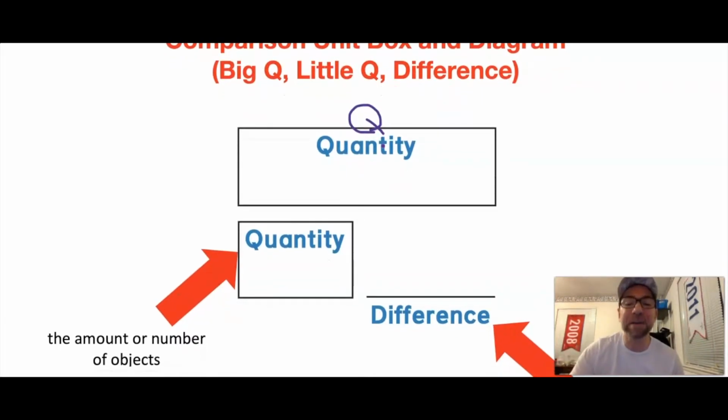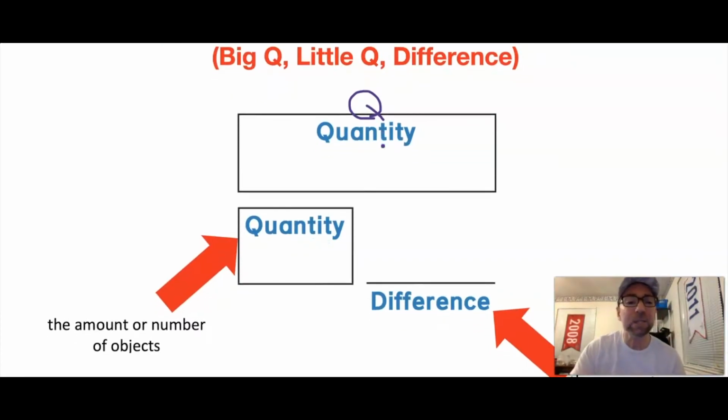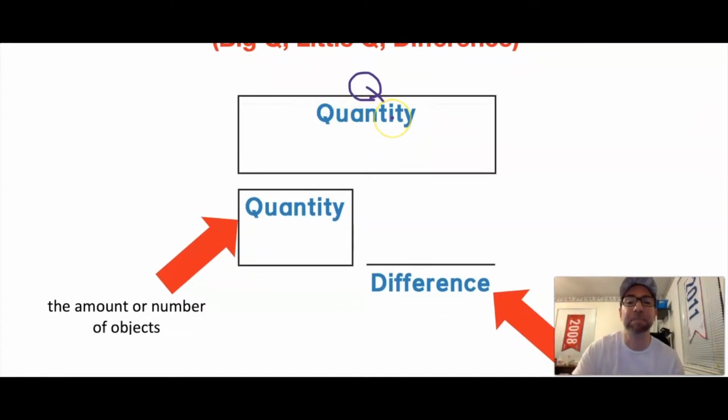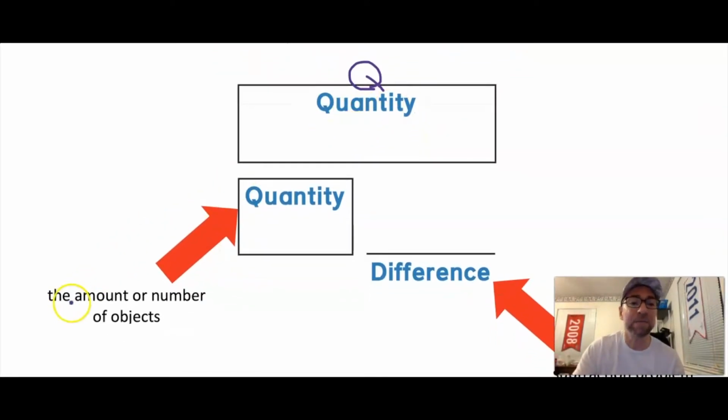That's where my big number goes, my greatest number. This is the word quantity. Say that word, quantity. Now, quantity means the number, the amount, or the number of objects. Well, in this case, we're talking about pennies. Declan has some pennies and Kieran has some pennies. The bigger number goes in the big Q box.